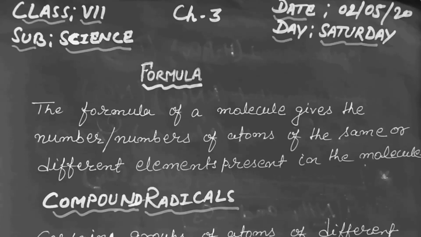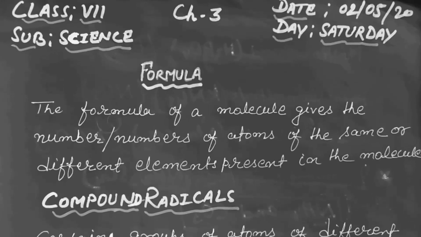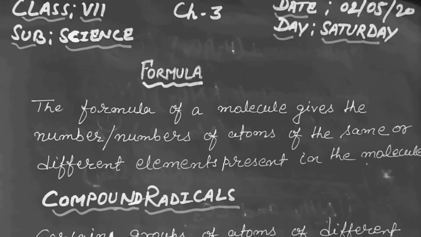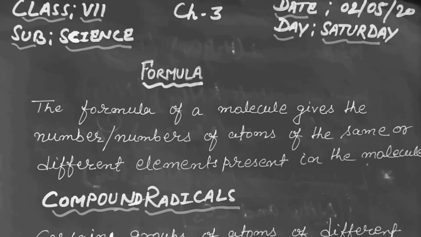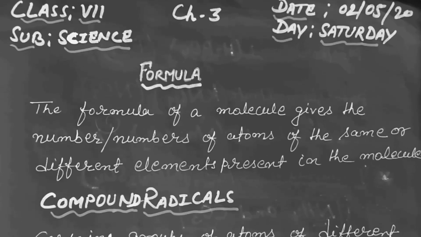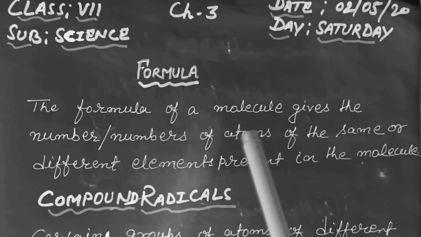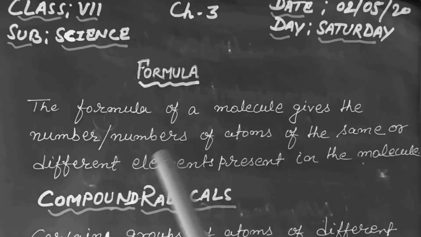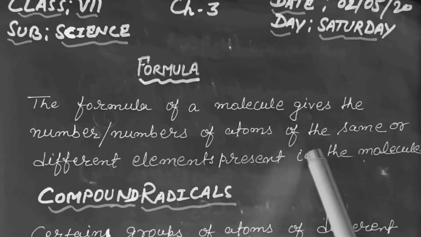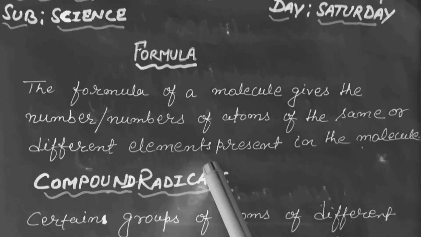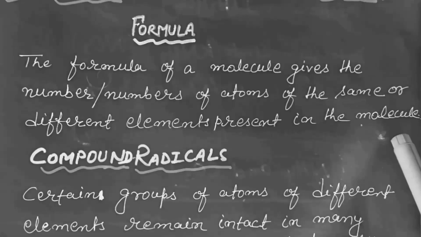On the basis of previous discussion, we can define it as: the formula of a molecule gives the number or numbers of atoms of the same or different elements present in the molecule.